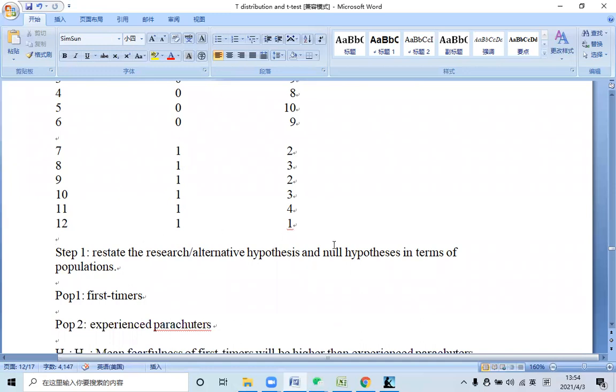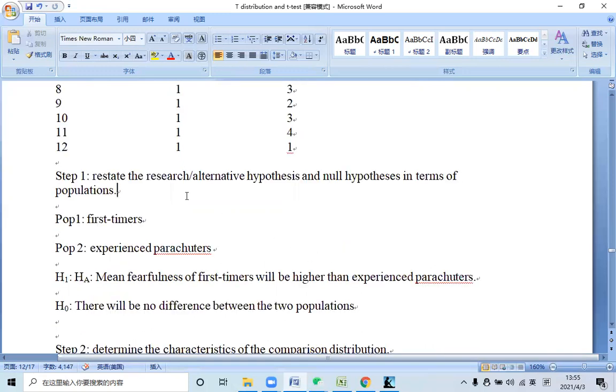You are comparing these two groups, two independent samples. Sample one are not the same people as sample two. These are different people, different from the pre-test, post-test. How do you state your research hypothesis and null hypothesis?